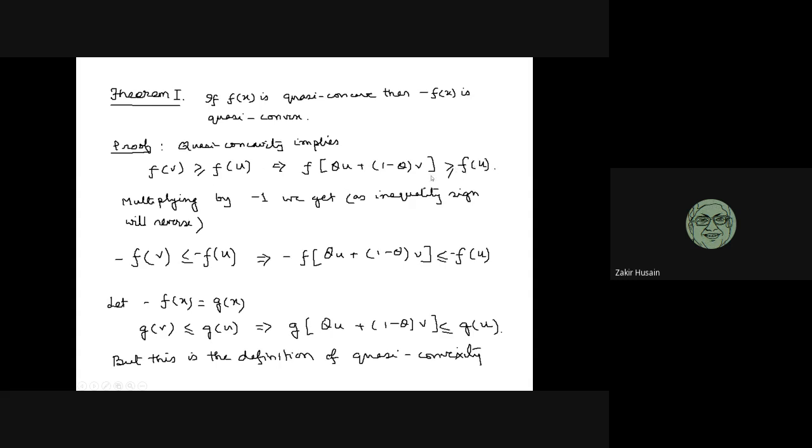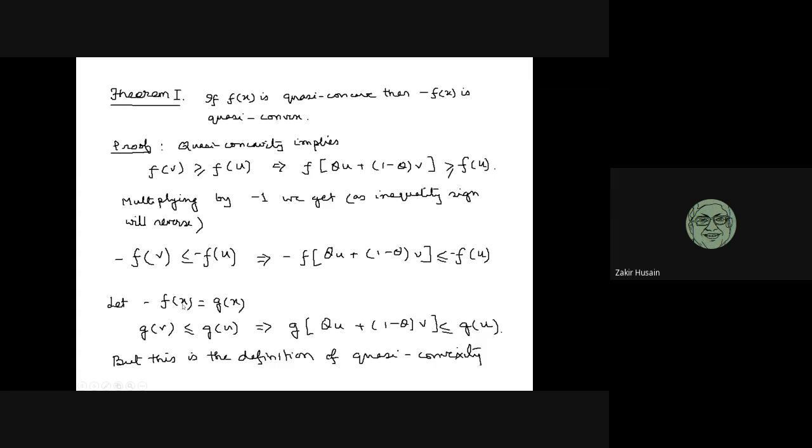This is the definition of quasi-concavity. Now let us multiply by minus 1, and remember that multiplying by minus 1 means the sign will get reversed. So instead of greater than it becomes less than or equal to. Similarly, here also greater than becomes less than.